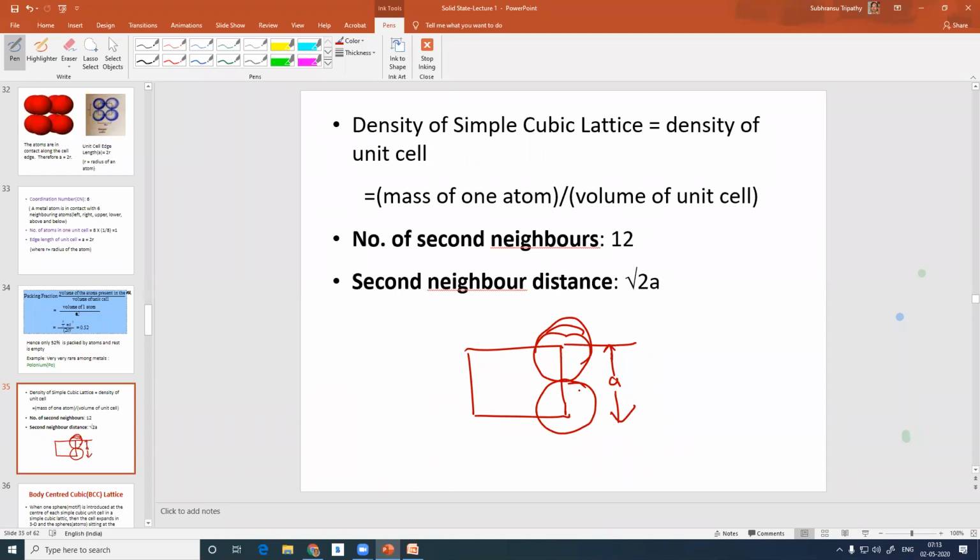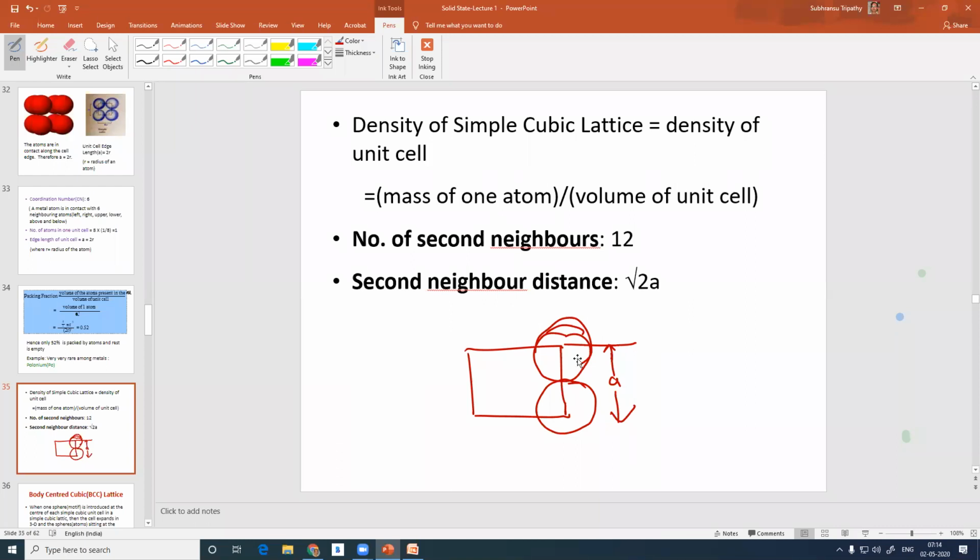Distance means from center to center. So a is the distance between two neighbors which are in contact, but the second neighbors are not in contact. They are just a little apart from the direct neighbors, so those are called second neighbors. So you have to identify where are those locations. Forget about it now. This is a home task.